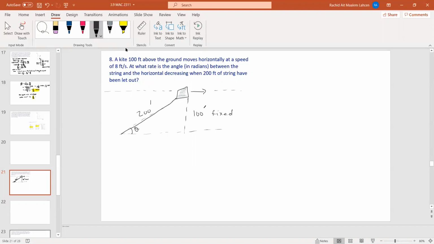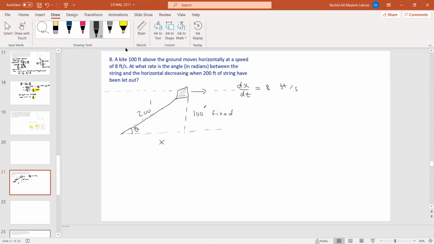What is given, what is this 8 feet per second? So it moves horizontally. So if we call this the x distance, it's dx dt equal 8 feet per second. And the question again is this angle theta.